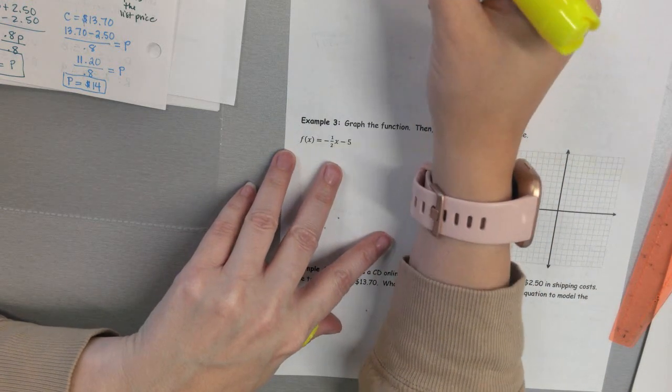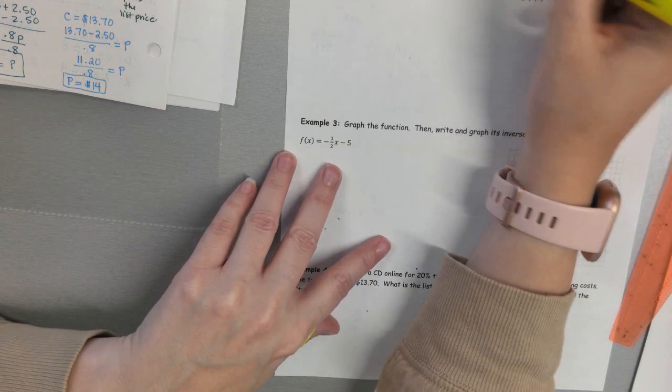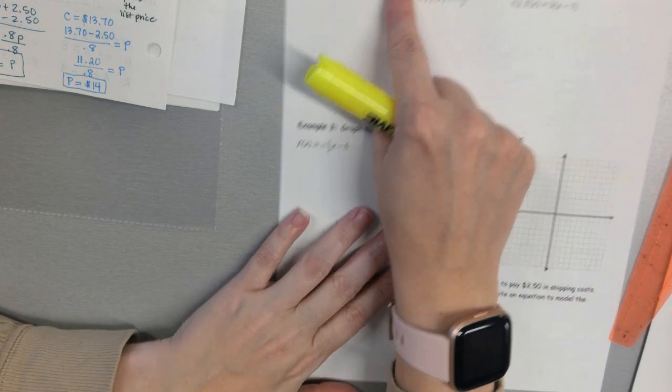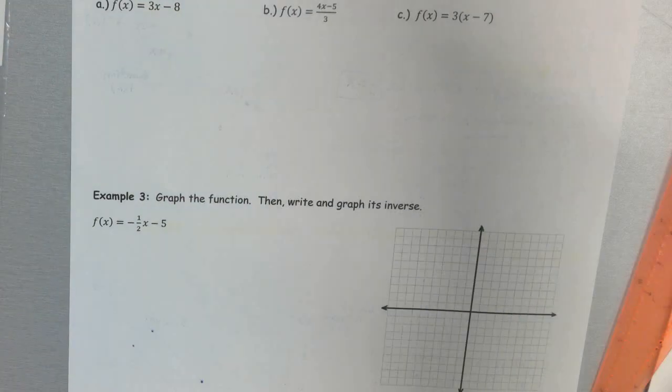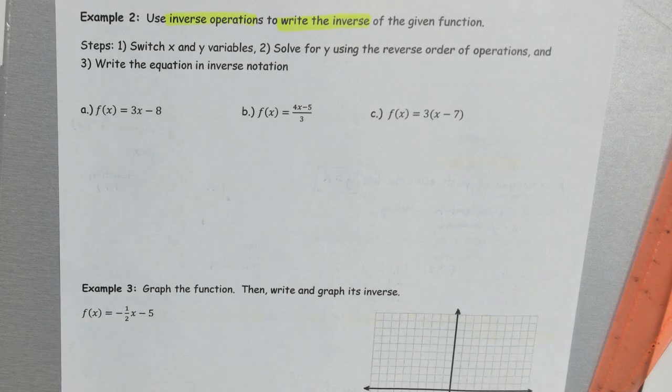So we are going to be using inverse operations to write the inverse of your given function. So there's a step-by-step guide here for what you want to do. You're always going to start by switching the x and the y values. So you're going to switch your x and your y.